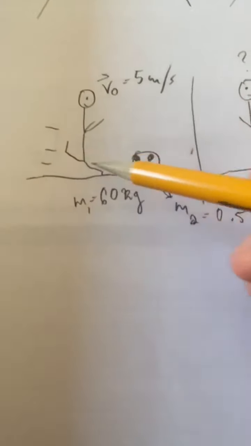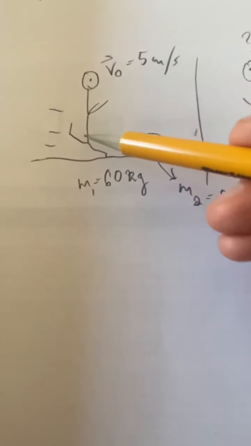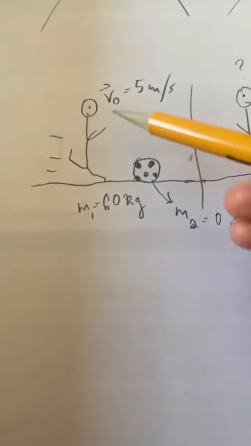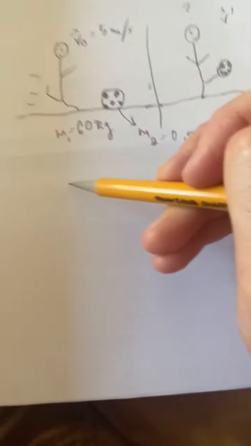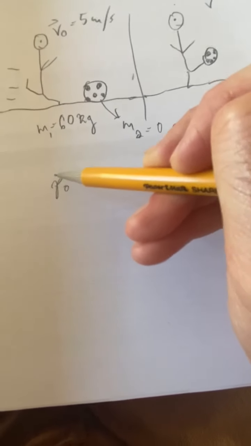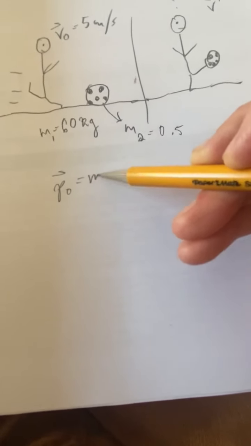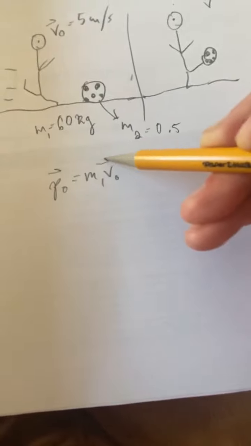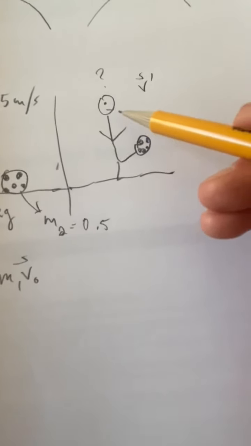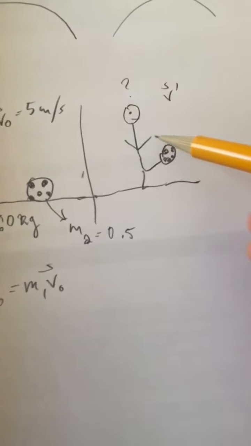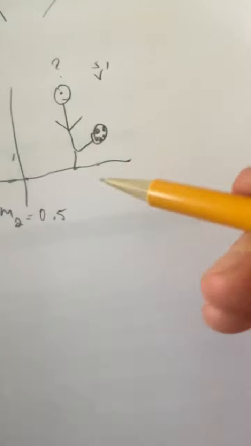So in our first scenario where the person has yet to kick the ball, our person is the only thing that's moving. So the initial momentum is going to just be the mass times that initial velocity. In the second scenario, the person and the ball have stuck together, so they become one mass, and they're going to move with this new velocity v prime.